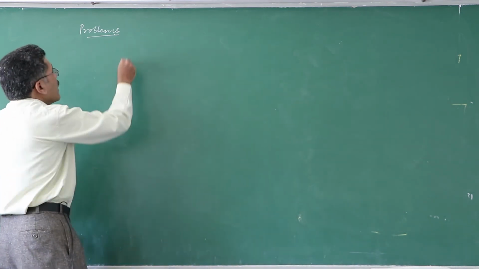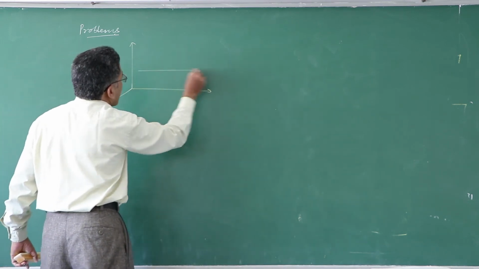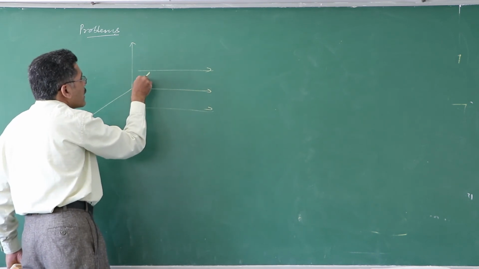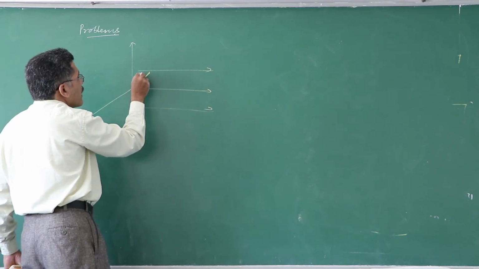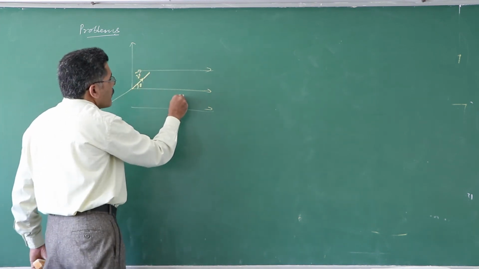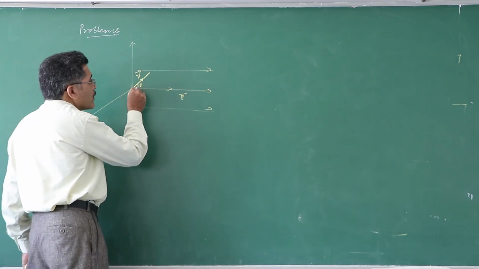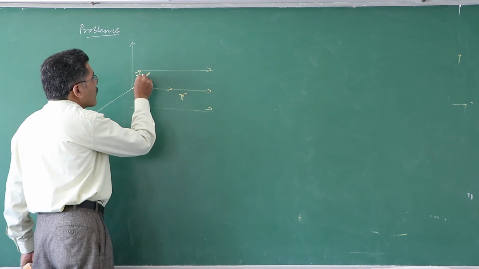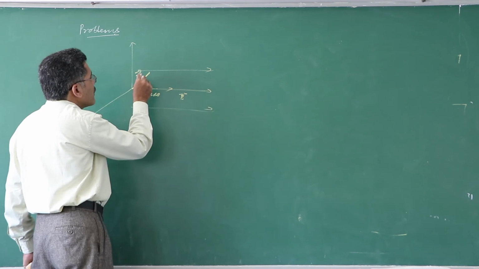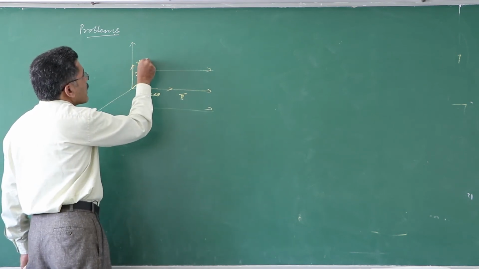On the other hand, if the velocity makes an angle theta with respect to the direction of the magnetic field, then it has two components. One is along the field, v naught cos theta, taking the initial velocity as v naught, and the other, the perpendicular one, is v naught sin theta.